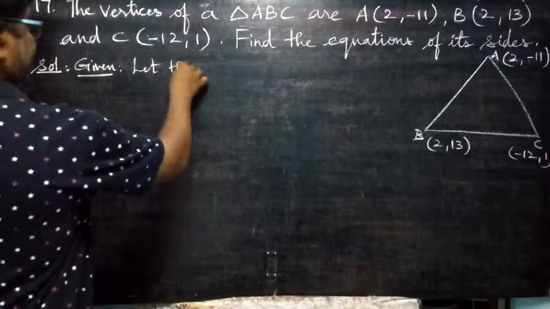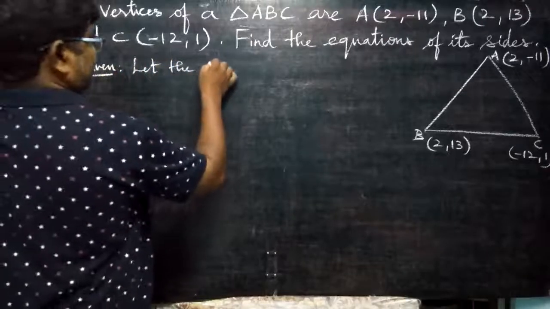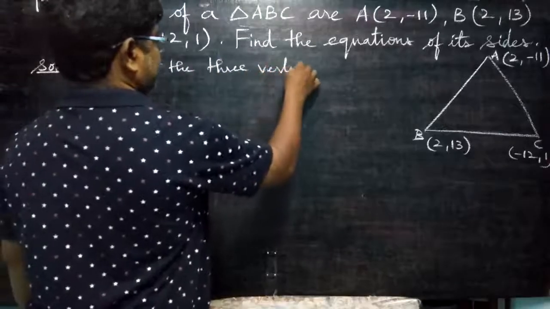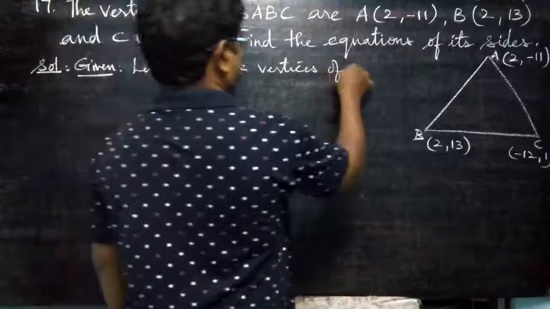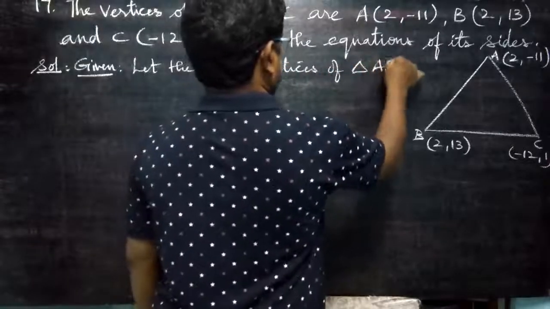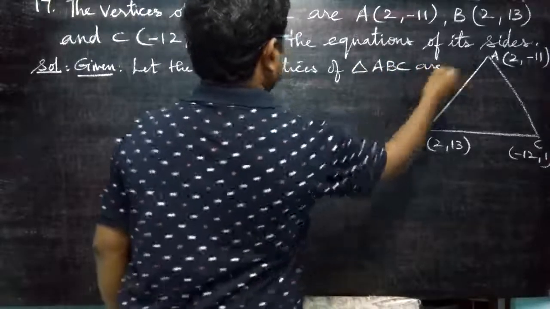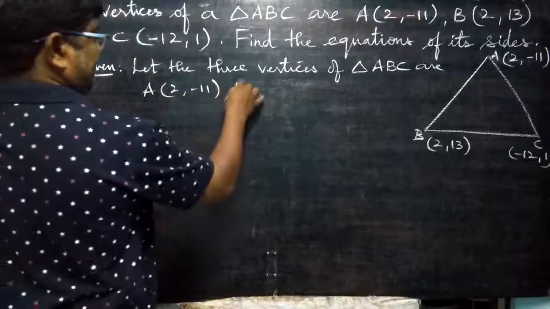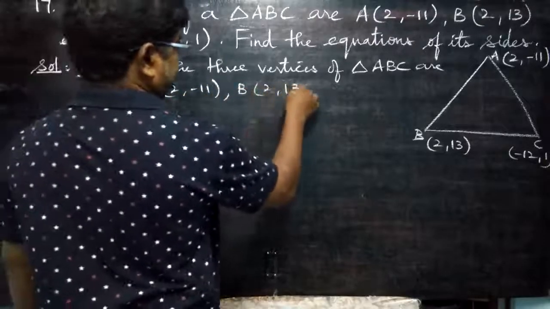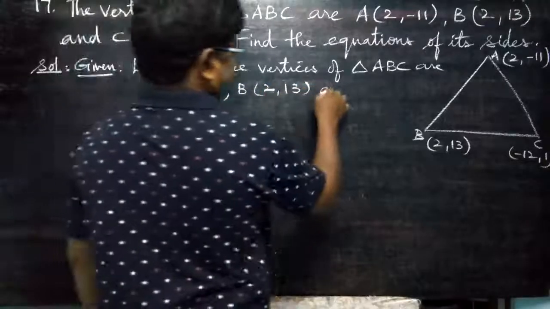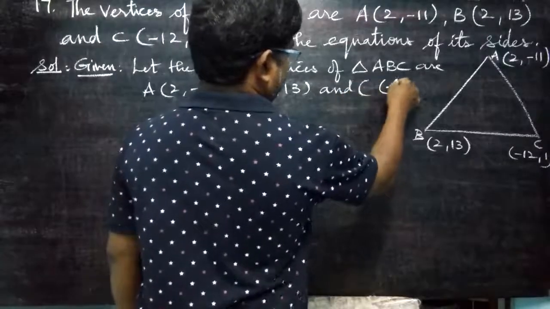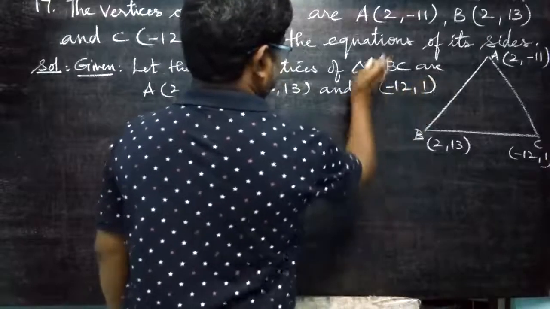Let the three vertices of triangle ABC be A (2, -11), B (2, 13) and C (-12, 1).